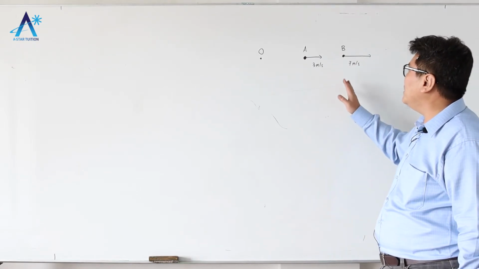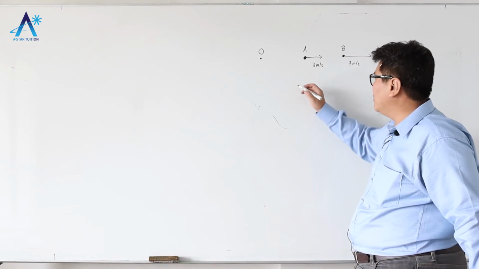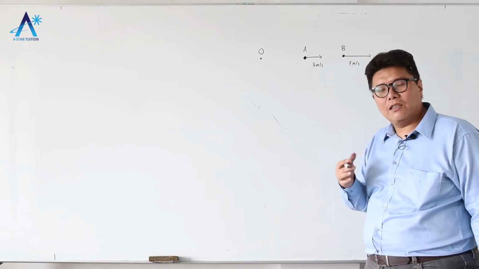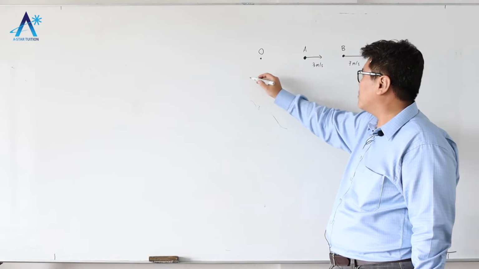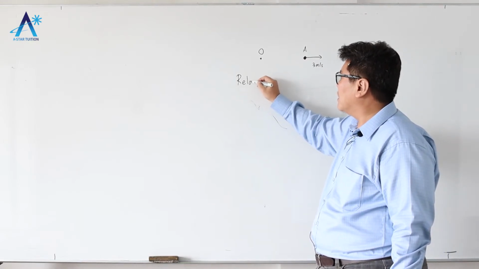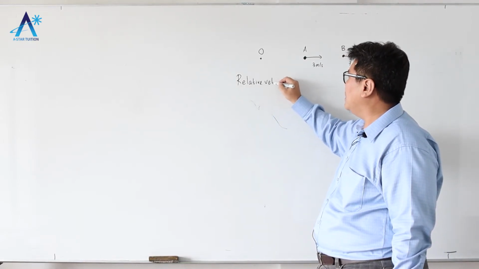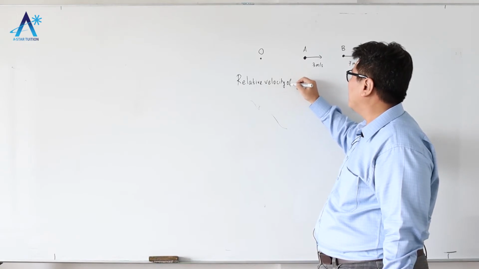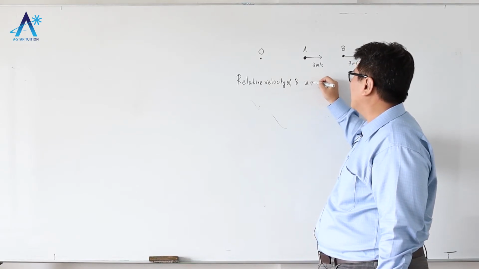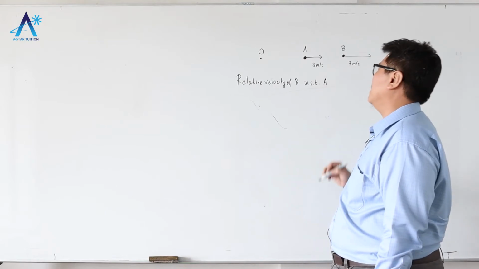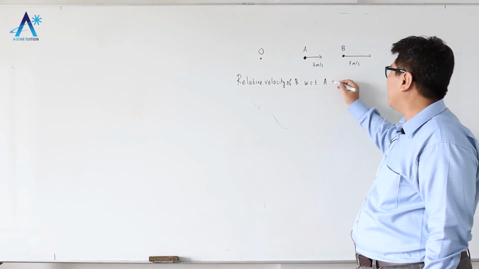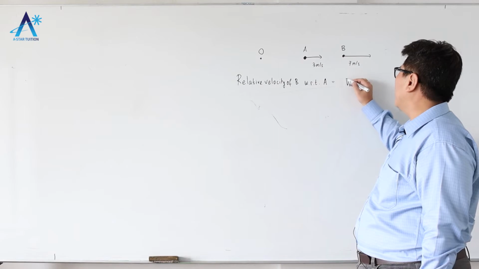Now, we can easily find this. Let's say we want to find the relative velocity of B with respect to A. So let me write down the relative velocity of B with respect to A. This can be found by simply vB minus vA.